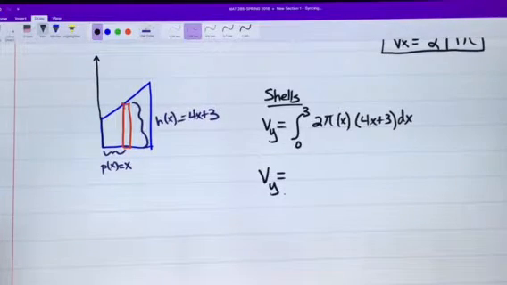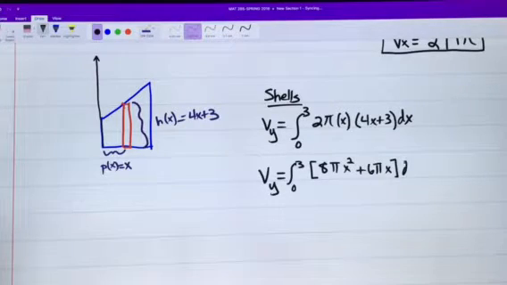And it's just multiplying together, so I have 8 pi x squared plus 6 pi x dx.